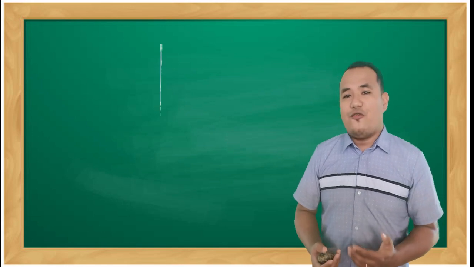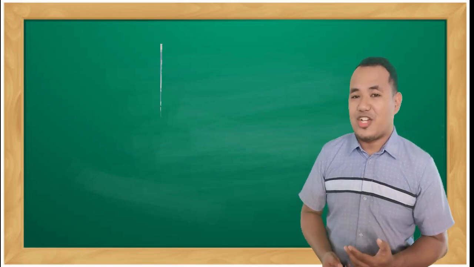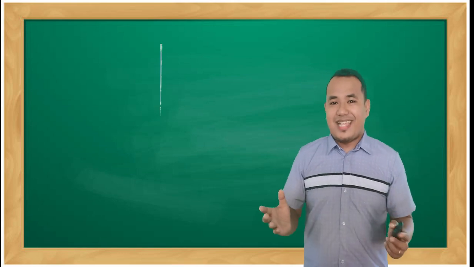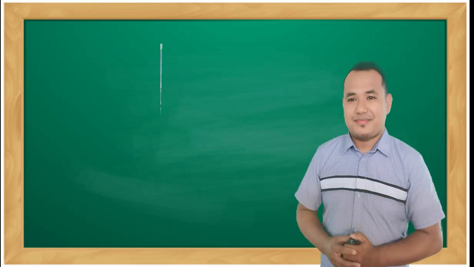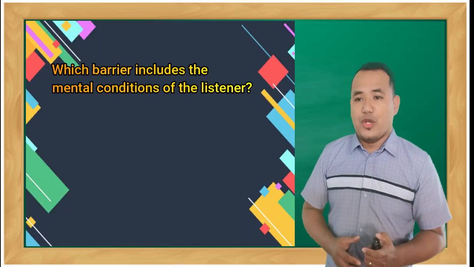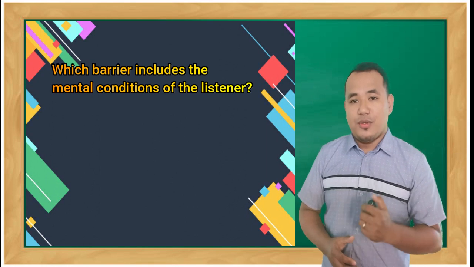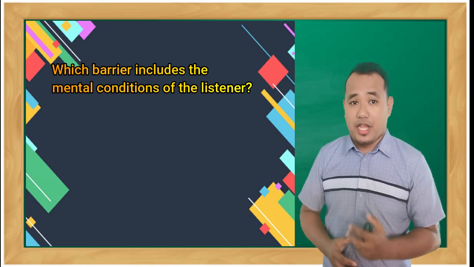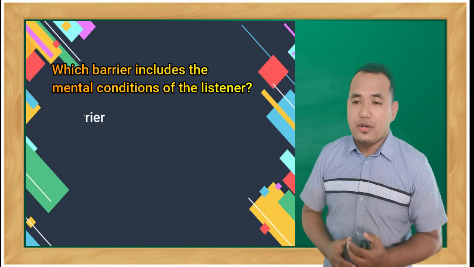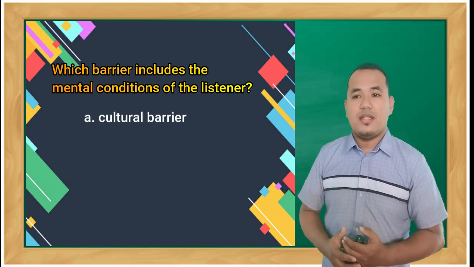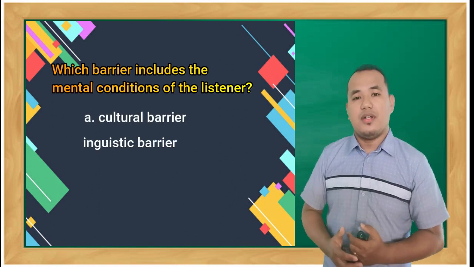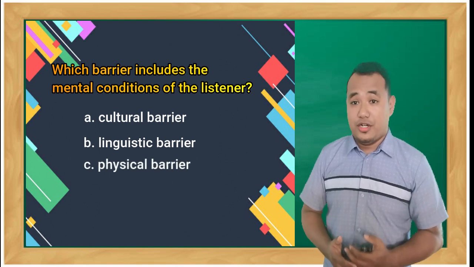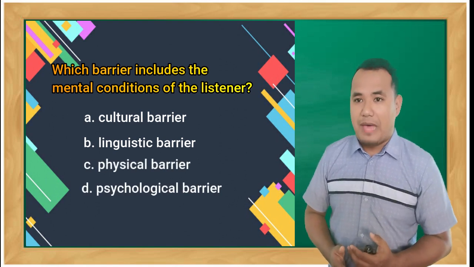Now let's check how far you have learned from our discussion. Are you ready? Alright, let's have number one. Which barrier includes the mental conditions of the listener? Is it letter A, cultural barrier, letter B, linguistic barrier, letter C, physical barrier, or letter D, psychological barrier?